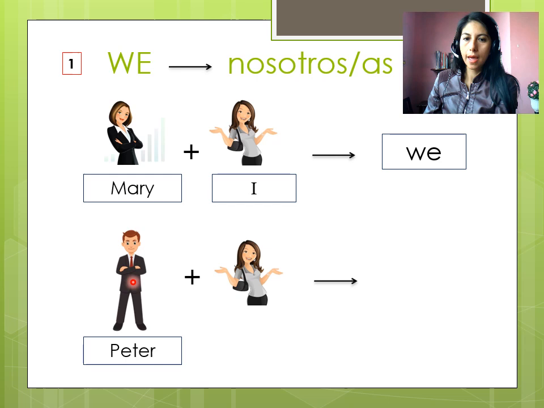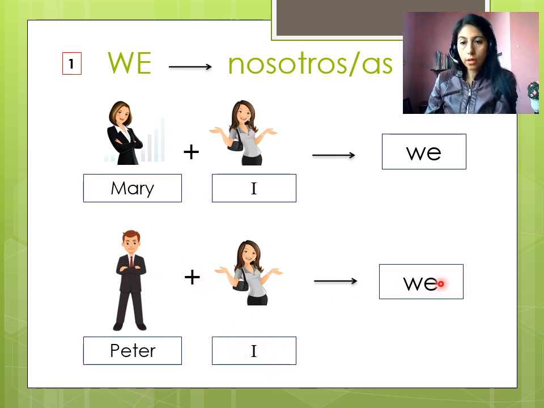Peter. And I, we. So, could be someone else. Could be Rose and I, Steve and I. And always when I use my subject pronoun I, and someone else, I use we.